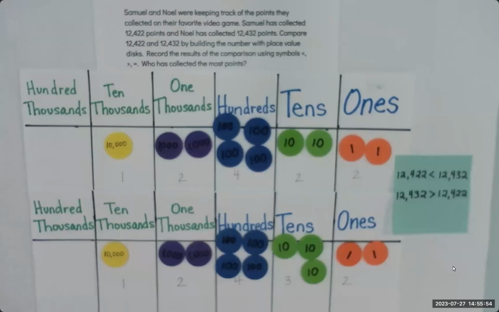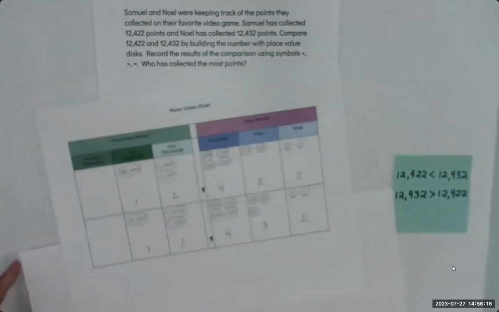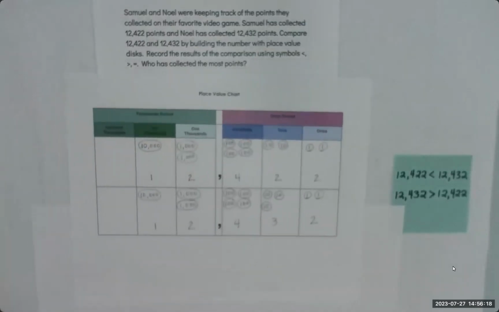Now, as students begin to develop a conceptual understanding of comparing numbers using place value reasoning, they may navigate more towards representational pictorial models. So they may begin drawing place value discs on a place value chart like this.